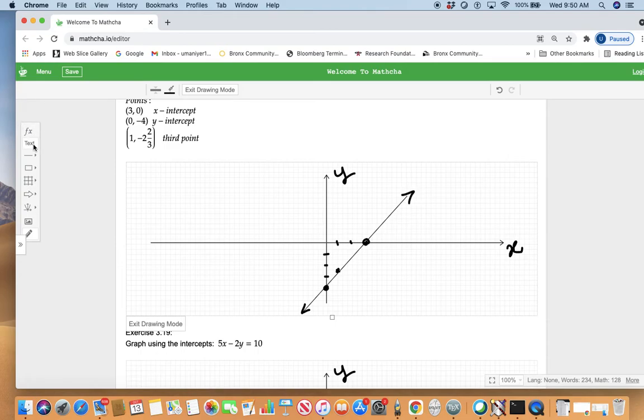Okay. So let's name the points. X coordinate 3, 0. Y coordinate 0, -4. And a third point, 1, -2 2/3.